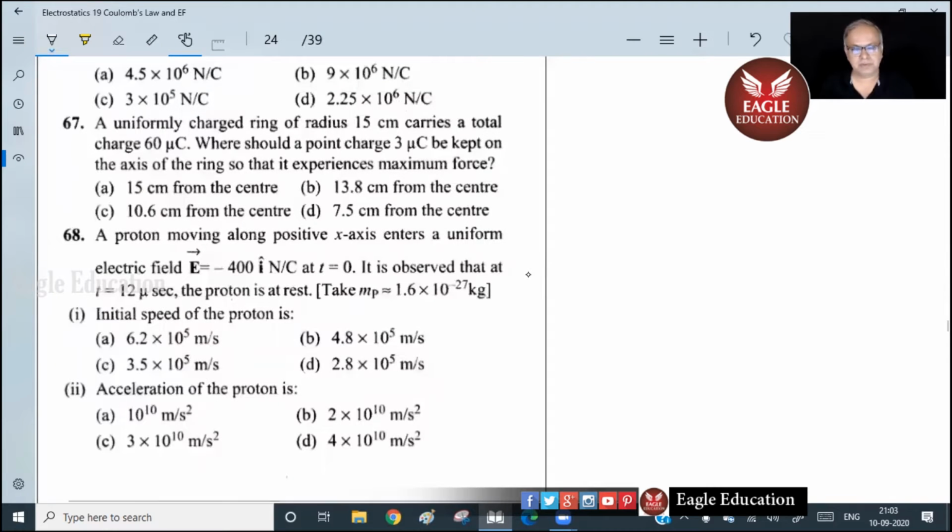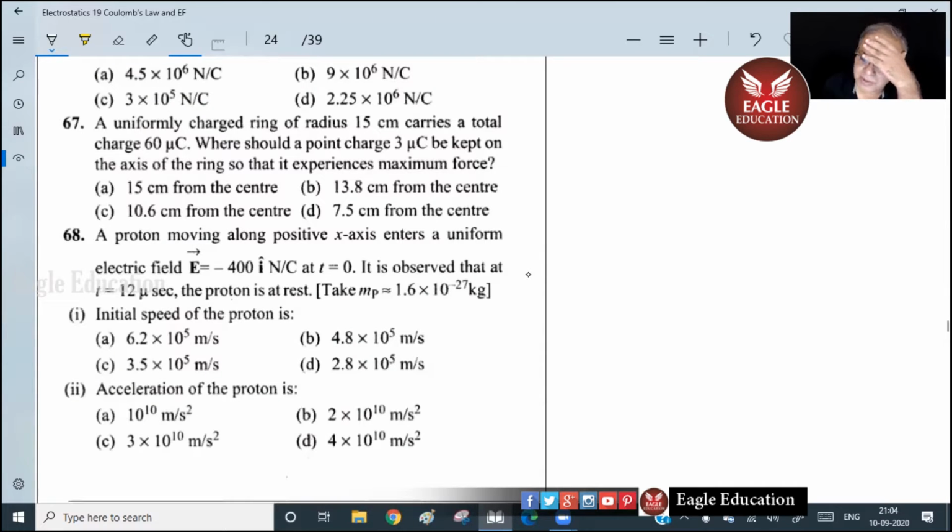A proton moving along the positive x-axis enters a uniform field. It is observed that at t equals 12 microseconds, the proton is at rest. Look at this. Along the positive x-axis, enters a uniform field of minus 400.